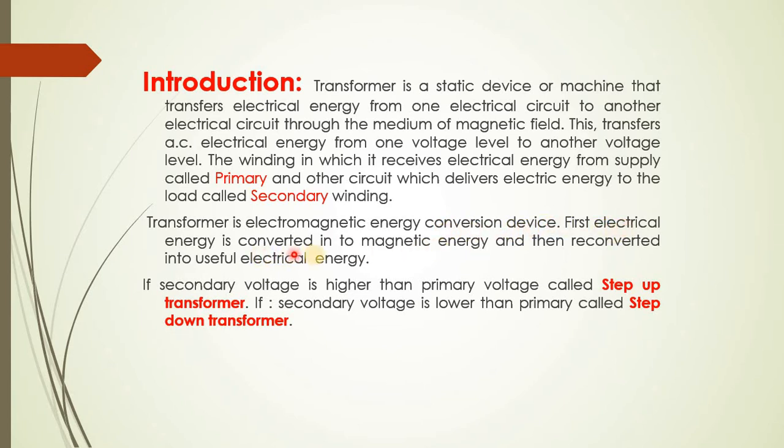First electrical energy is converted into magnetic energy, and then it is reconverted into useful electrical energy. If the secondary voltage is higher than the primary voltage, it is called a step up transformer, and if the secondary voltage is lower than the primary voltage, it is called a step down transformer.